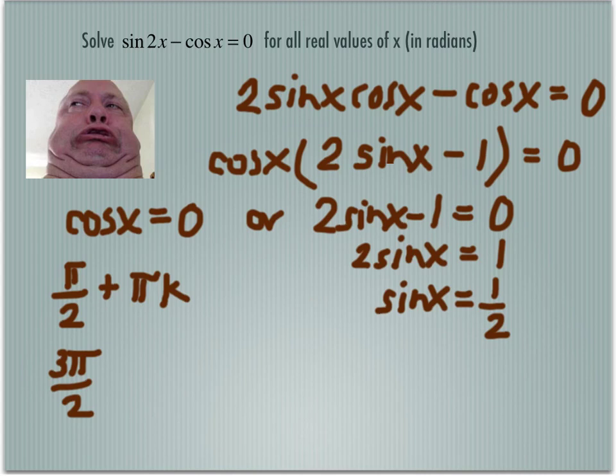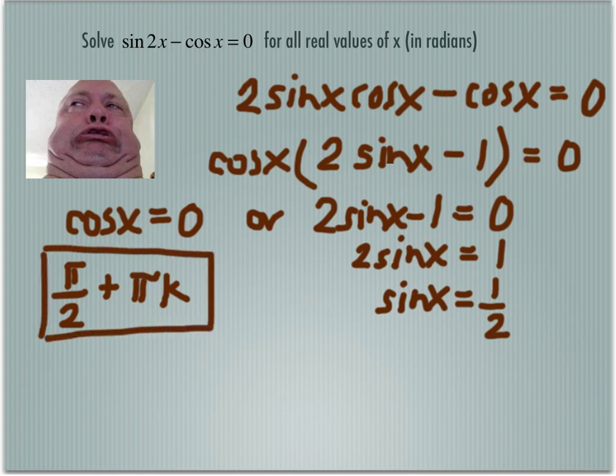So every 180 degrees, so at 90 and 270 and then back to that same 90 again, that should take care of that situation there. So that looks good for this particular one, pi over 2 plus multiples of that every pi units.